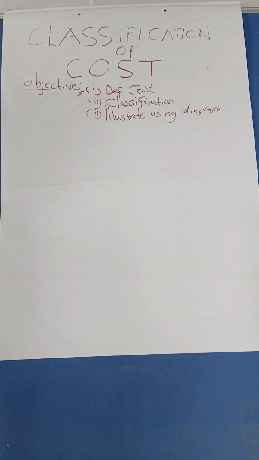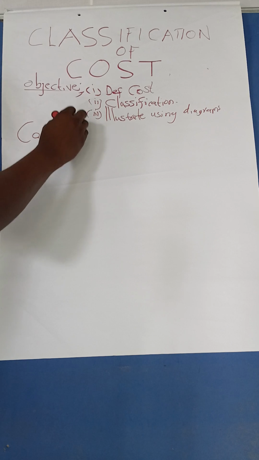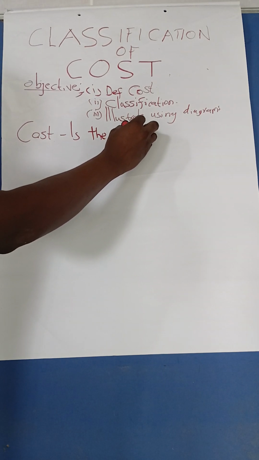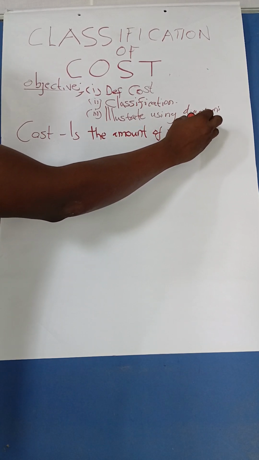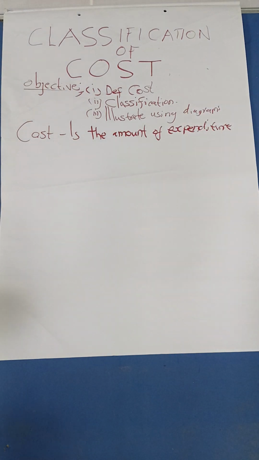In simple words, you can just say cost is the amount of expenditure incurred on or attributed to a specific thing or activity.